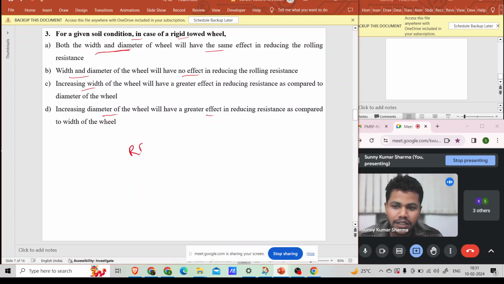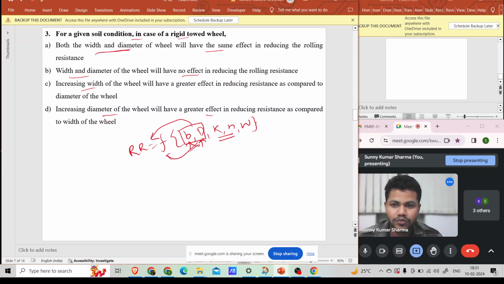Rolling resistance, we have earlier seen, is a function of width, diameter, modulus of sinkage, and the vertical load coming on it. The question asked here is, among width and diameter, will both affect equally, or will both have no effect?